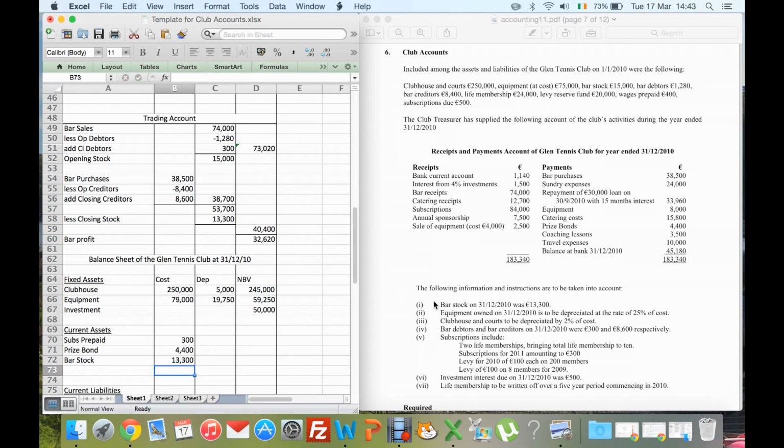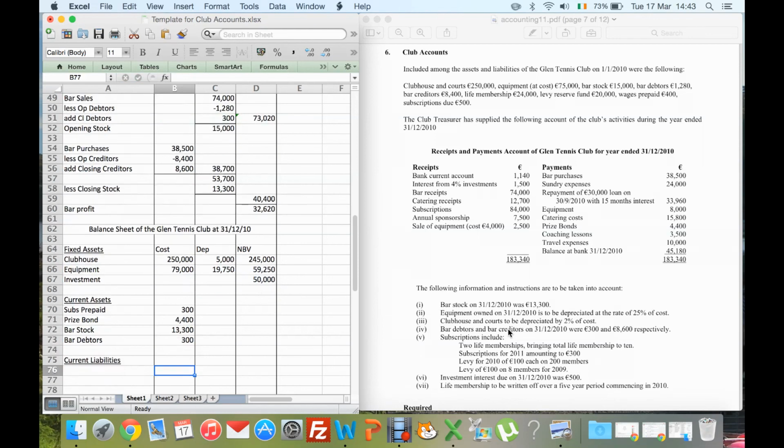Now, any prepaids or dues at the end, equipment depreciated, bar debtors. Bar debtors is 300. And then bar creditors is 886. Just check that, yeah, it's 86.